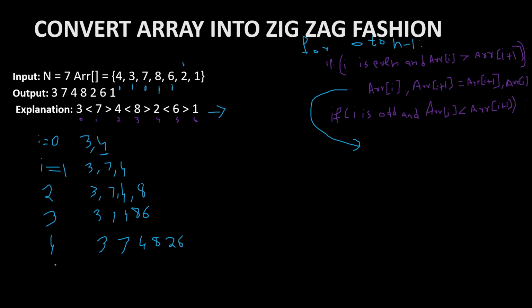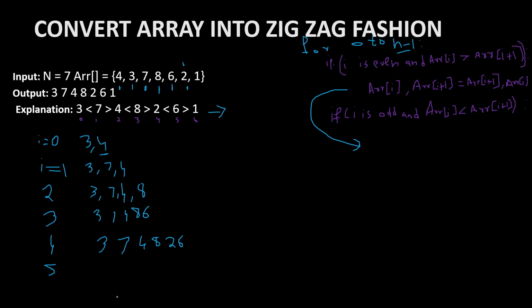Now the final index, which is 5. This is our final index because it is n minus 1. If you see carefully, i will come here and we only need one comparison. So n minus 1 is the valid final index. We check with the right side, and this position is odd. If it is odd, we see if this value is smaller than the right side value or not.